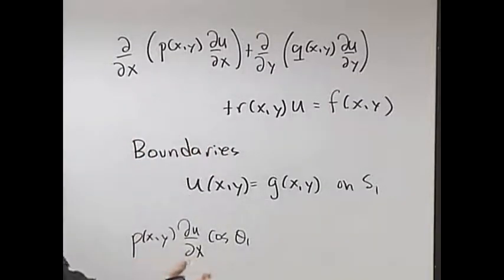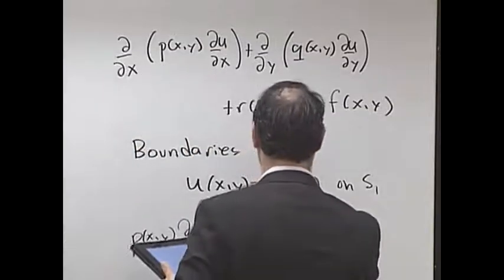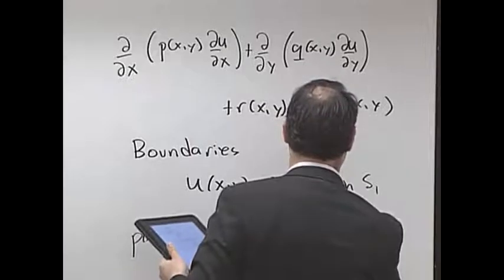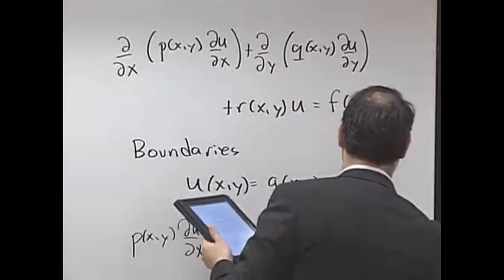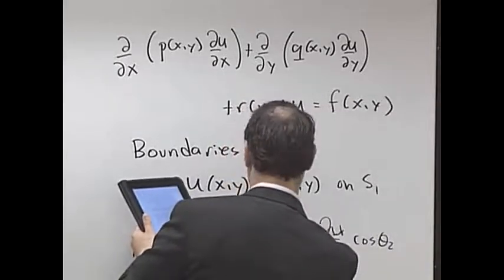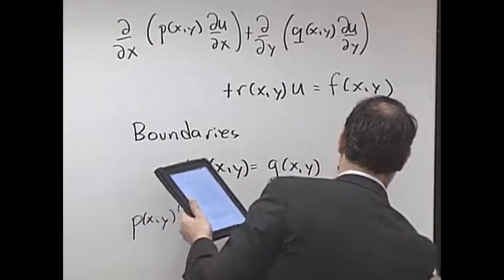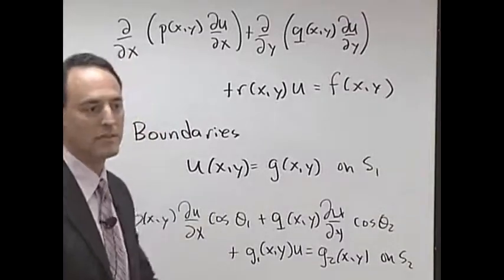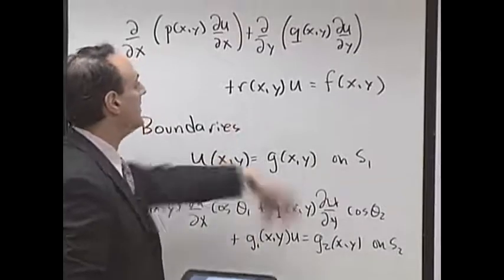And you can see I'm looking at the derivatives, the normal derivatives across the boundary, plus Q du/dy, cosine theta 2, plus G1(x,y) u equals G2(x,y), and this is on S2. So you say, oh, well, that boundary condition got imposed. Okay, derivatives, normal derivatives, fluxes, and the generic functions.